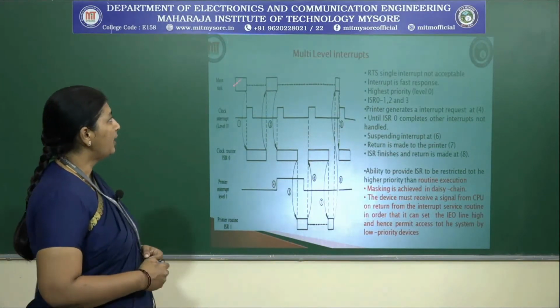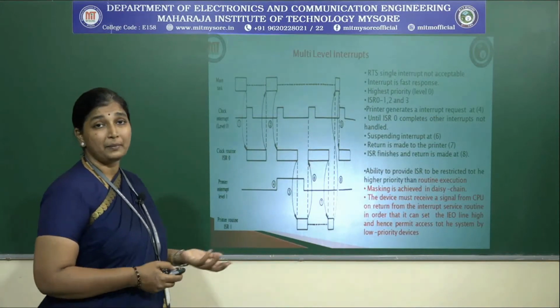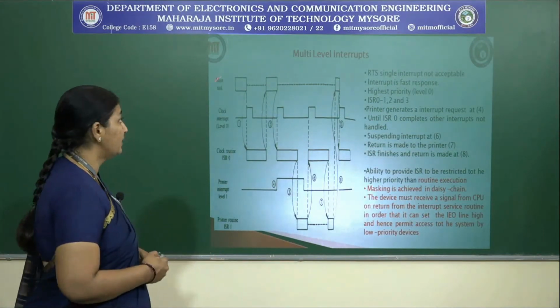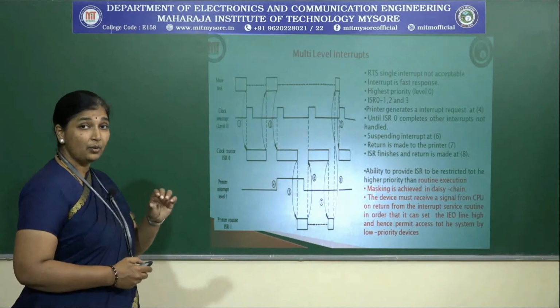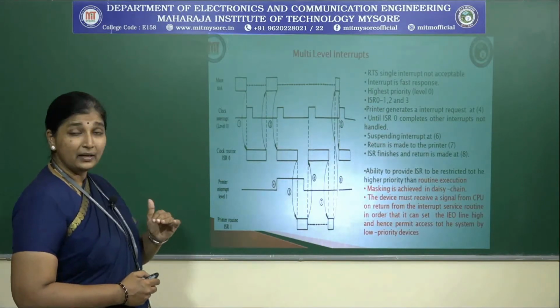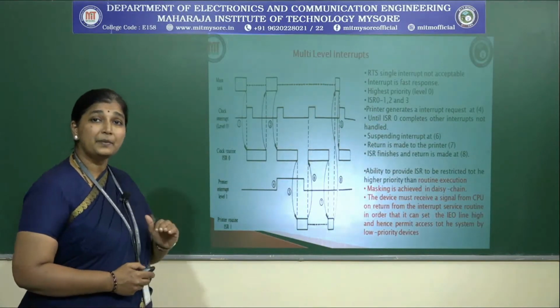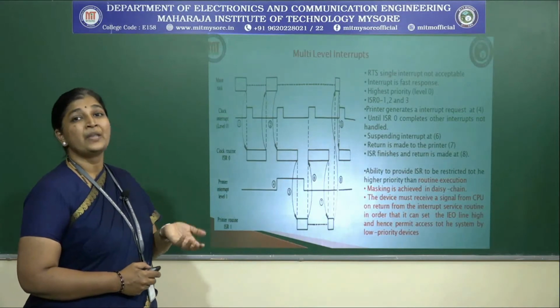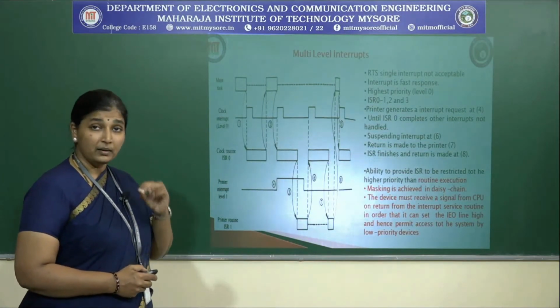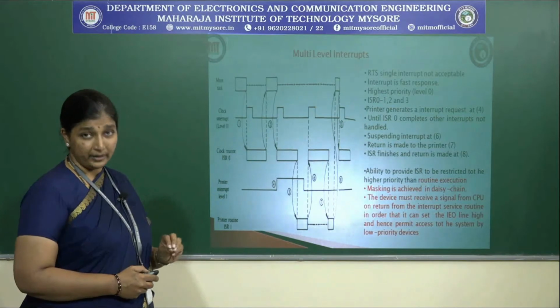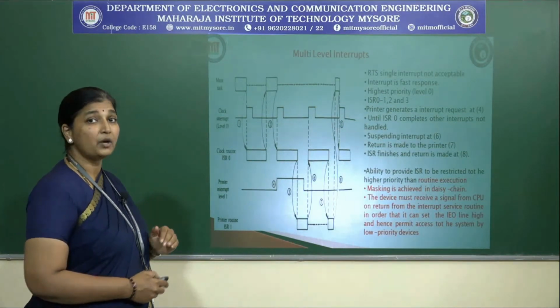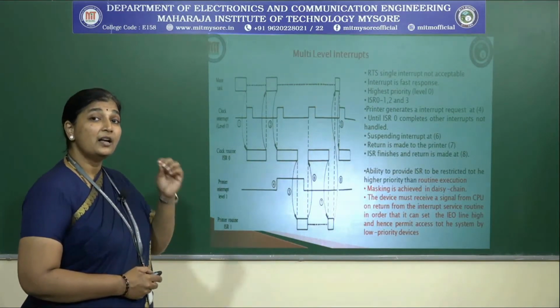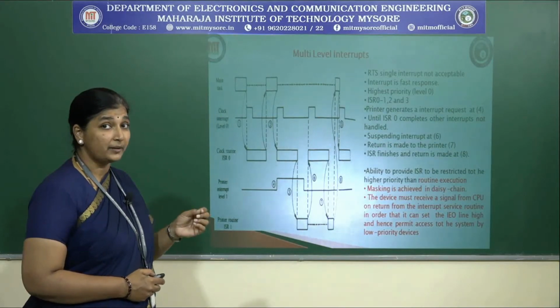Let us take an example of an application program or a main task. We know that level 0 has higher priority, level 1 will have lesser priority than level 0, and level 2 will have the least priority, because we have justified that level 0 will have the highest priority, correct.